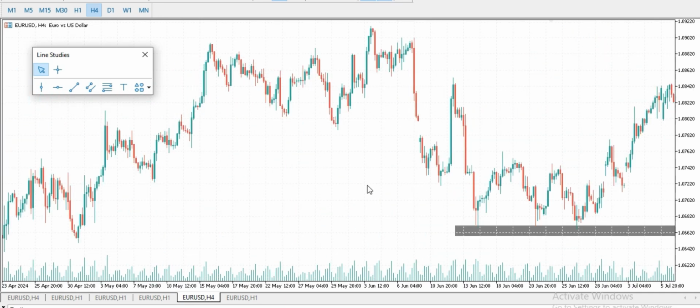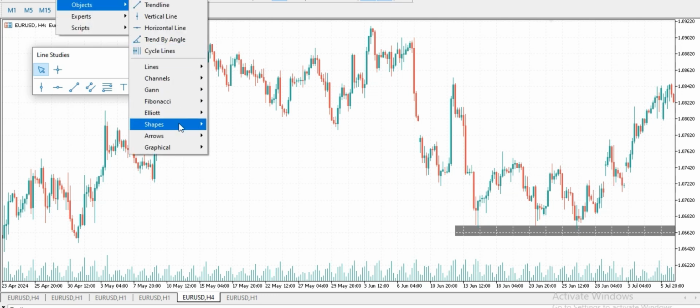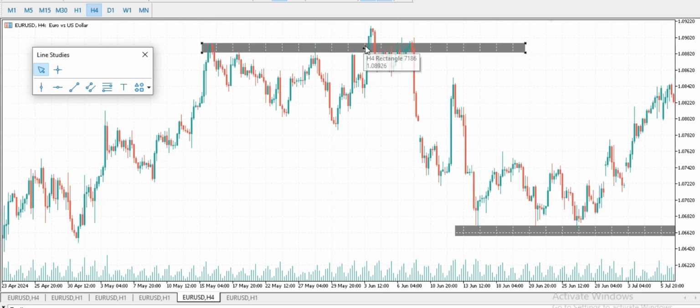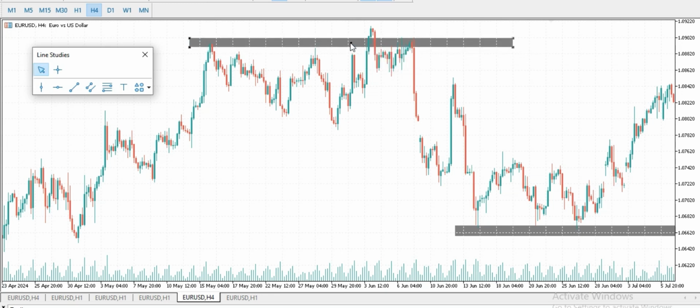And talking about resistance again, this is a resistance here. Why? Because price has rejected here, here, here, here, and here. So there's some kind of resistance here.